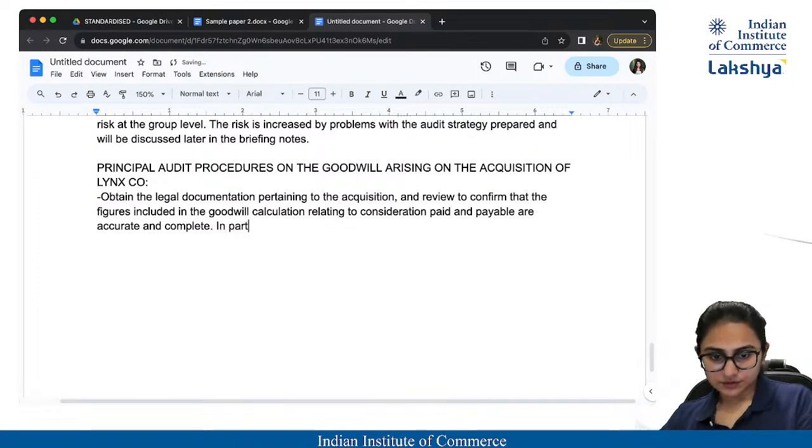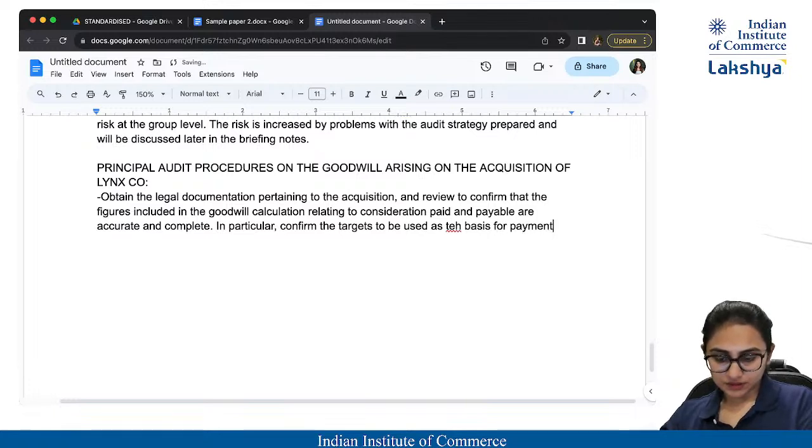In particular, confirm the targets to be used as the basis for payment of the contingent consideration in 4 years' time.